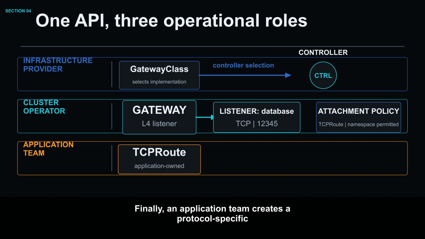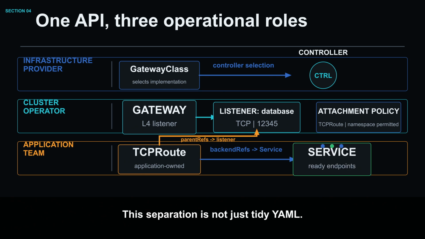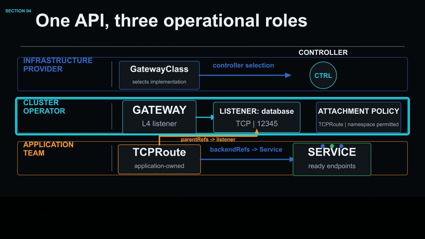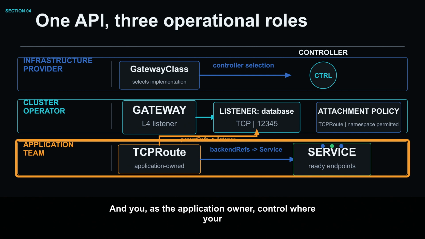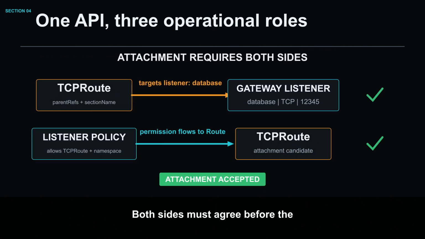Finally, an application team creates a protocol-specific route. That route points to the Gateway and then names its backend service. This separation is not just tidy YAML, it separates responsibility. The infrastructure provider controls the implementation, the cluster operator controls the shared entry point, and you as the application owner control where your application's traffic goes. Both sides must agree before the attachment becomes active.